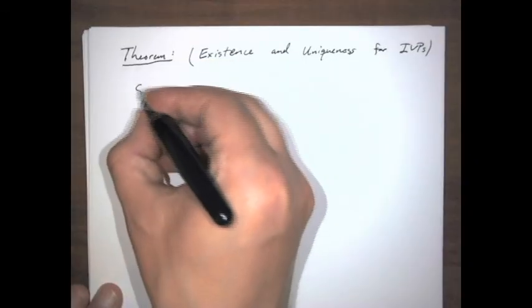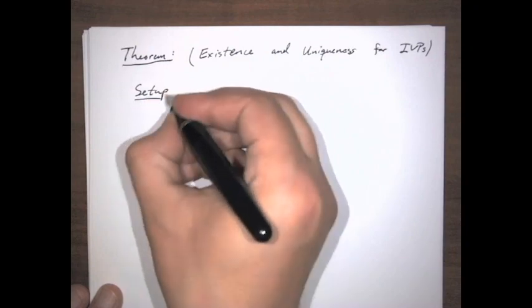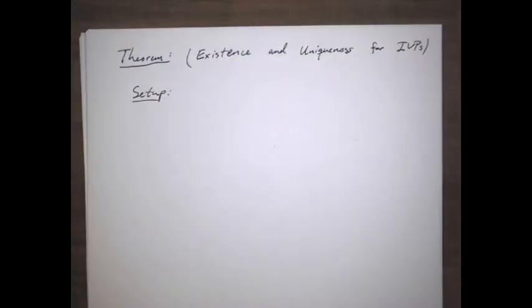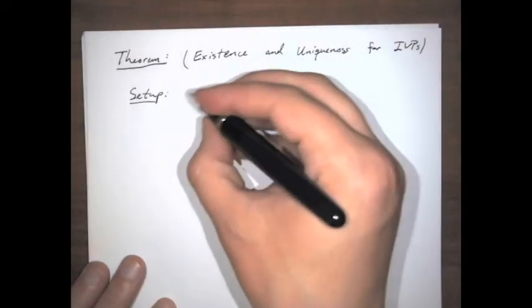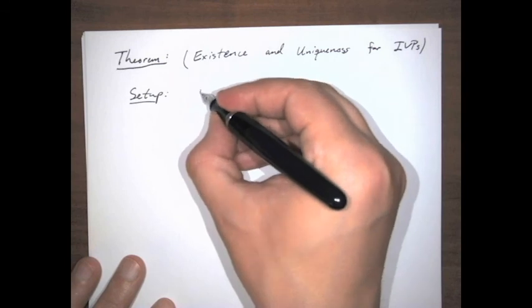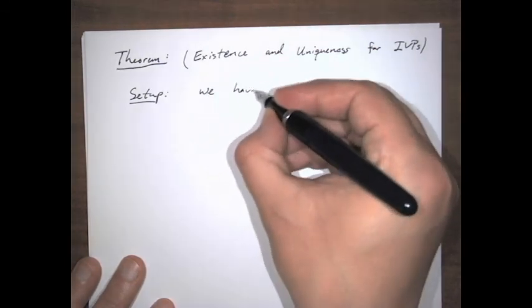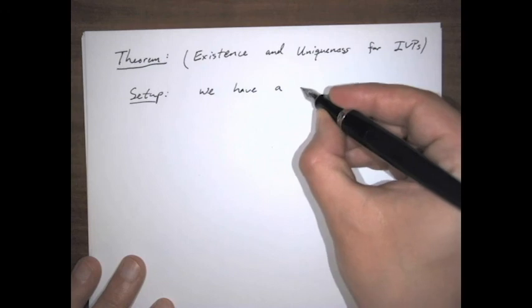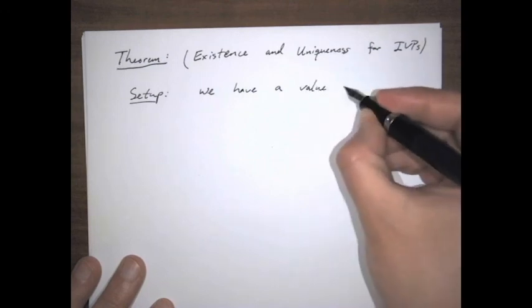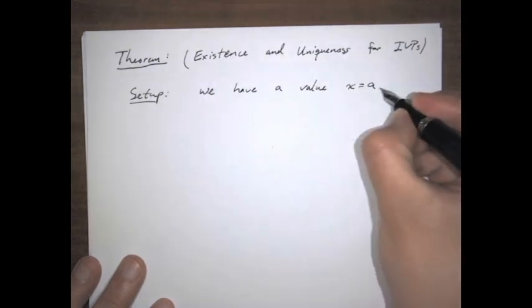So here's the setup. What we have is a specific point, or a value. We have a value x equals a.